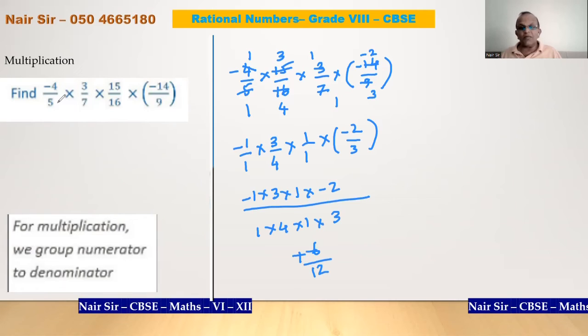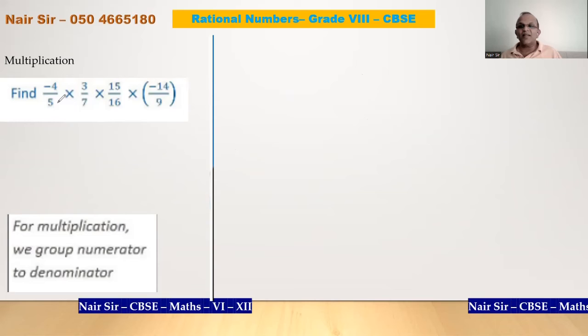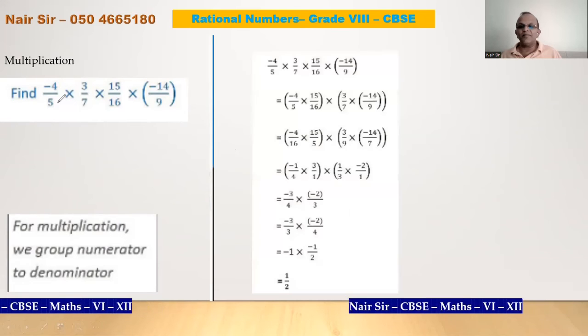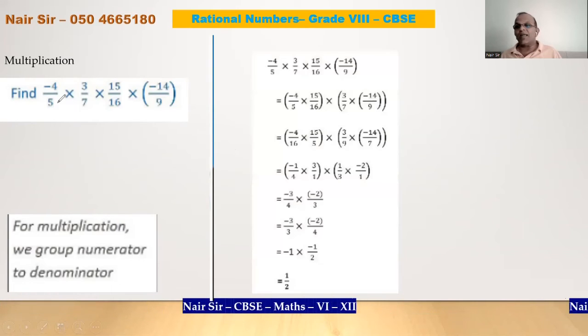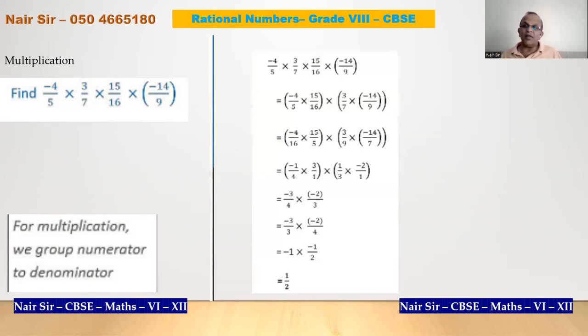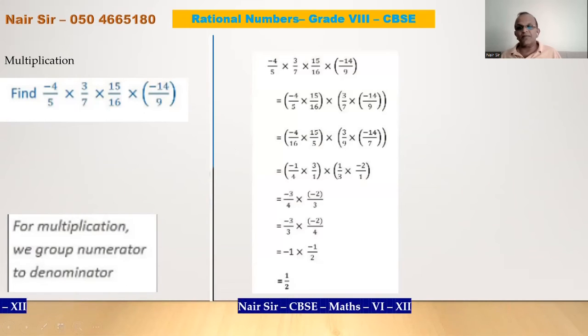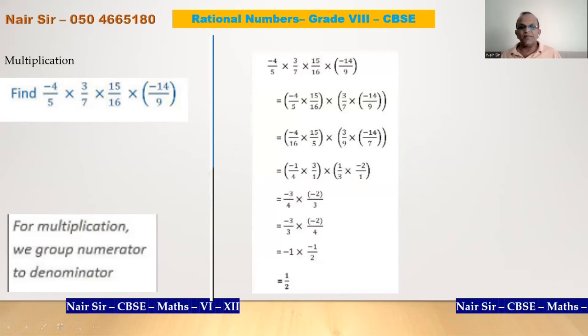Smallest form, 6 ones are 6, 6 twos are 12. Answer is 1 upon 2. Okay, that's what 8th standard mathematics is all about. You can take a pause, do it by yourself, and then see if you're right or wrong. Going next.